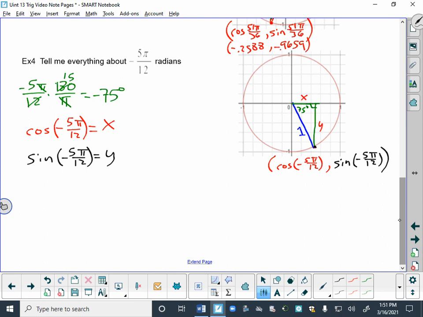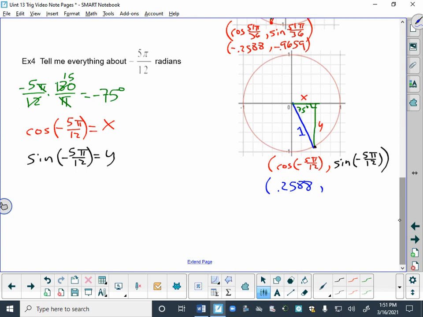If I check with my calculator, my cosine of a negative, I'm worried here because my x-coordinate was supposed to be positive, but when I do the cosine of -5 pi divided by 12, I get positive 0.2588. So I probably drew that angle not steep enough in there because mine's looking more like it's at halfway along there.